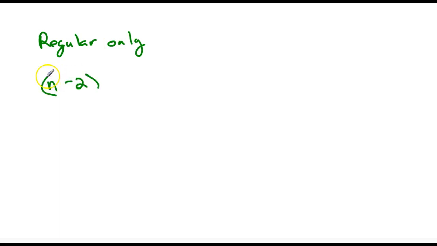But what you need to know is this, that if this is regular only, we can use these two equations. So we can use n minus 2 times 180, that's the sum of all the angles, divided by the number of angles, gives you one interior angle.